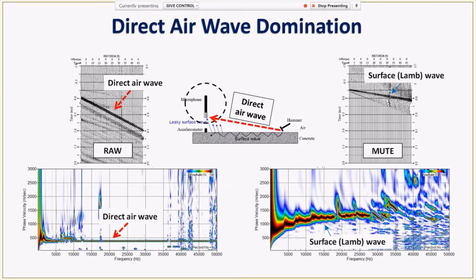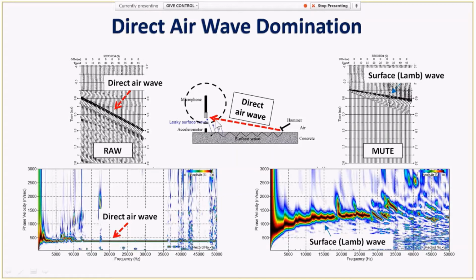Well, let me talk about one of the challenges for the data analysis approach, which is how to properly handle direct airwaves. Whenever you make an impact on the pavement surface, you generate seismic waves, which propagate inside the pavement layer. But at the same time, you generate a sound wave, which is the bang sound whenever you make the impact.